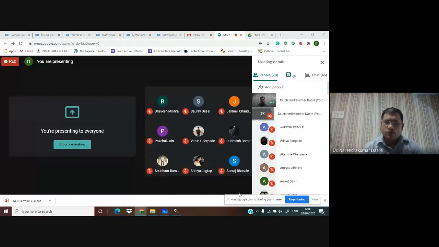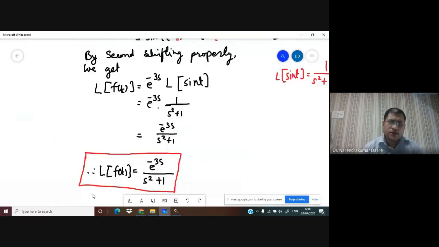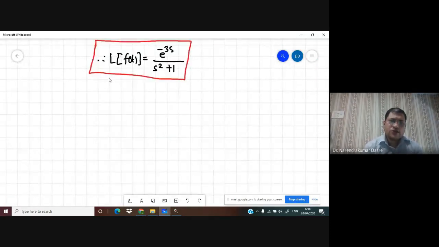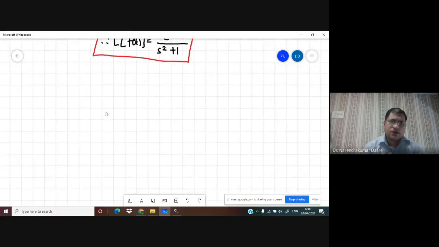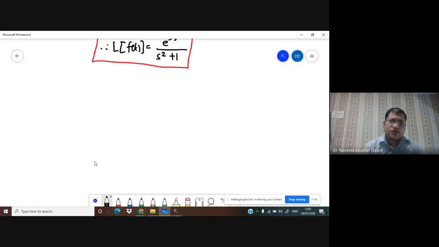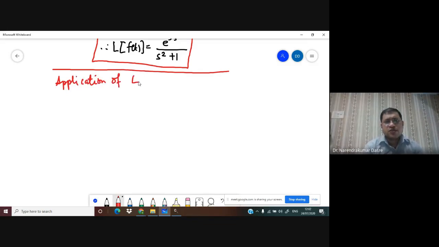Now we'll see the application of Laplace transform to evaluate integrals.